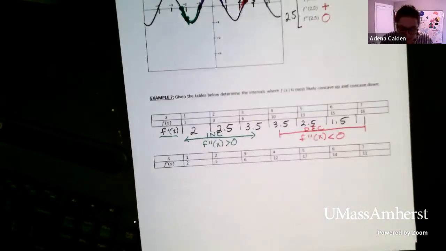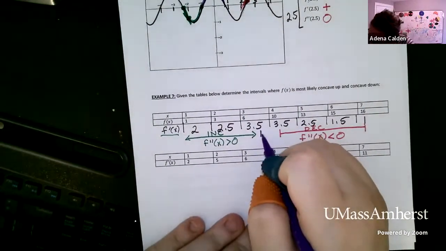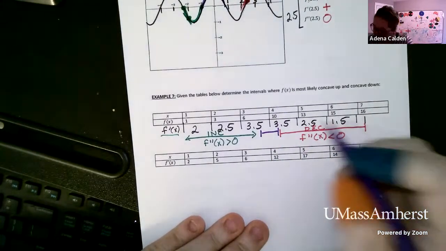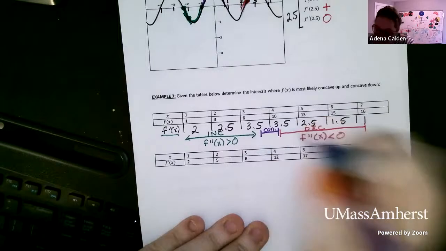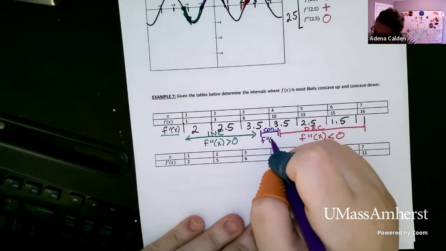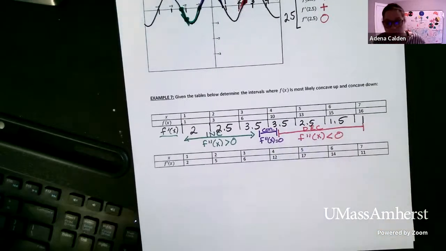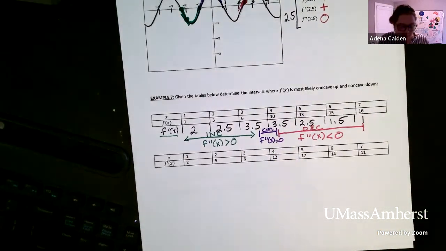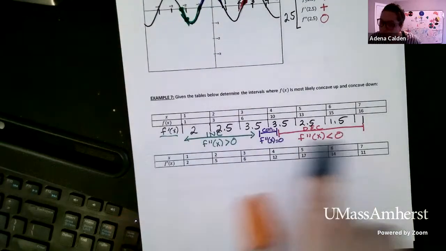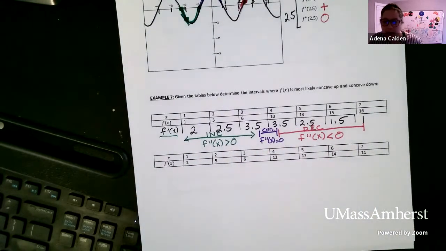And then right in this little spot here, 3.5 to 3.5, that's where we're constant. I'm going to put CON. So that is where we're going to predict that the second derivative is 0. That's where we're turning around. So I used where the first derivative was increasing or decreasing to figure out the sign of the second derivative.